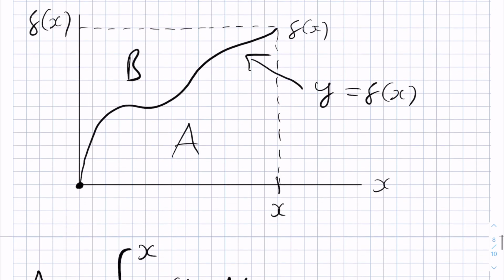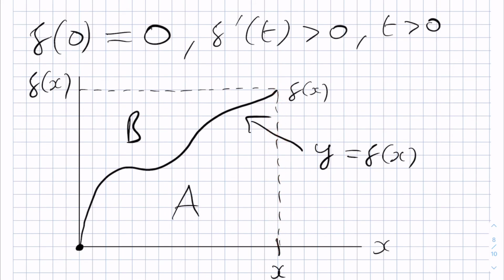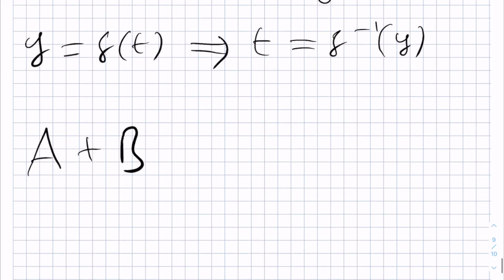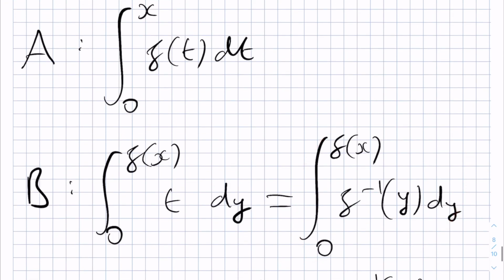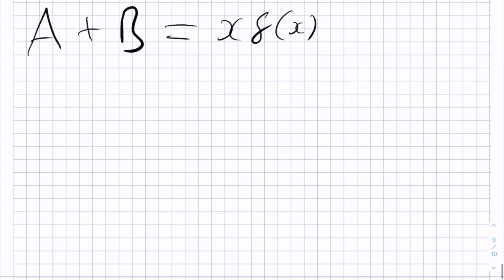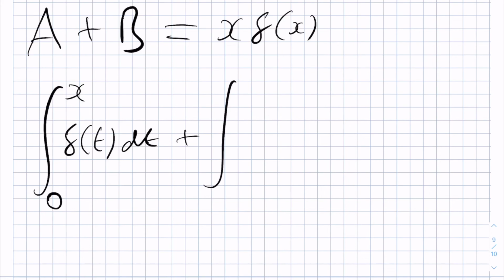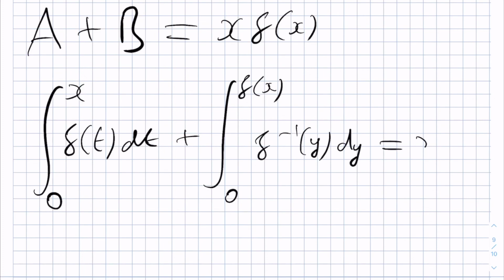The width of the rectangle is x, and the height of the rectangle is f of x. And so, quite easily, we get x f of x, and so putting in A and B in terms of their integrals will give us the integral from 0 up to x of f of t dt plus the integral from 0 up to f of x of f inverse of y dy is equal to x f of x.